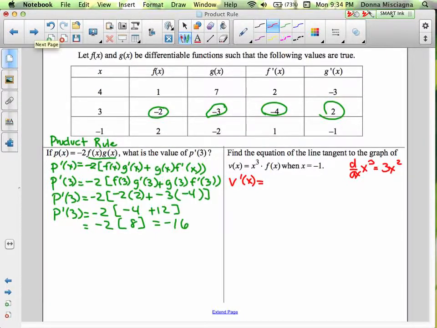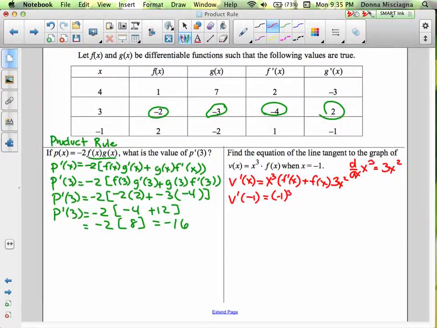All right, so v prime of x is going to be the first, x cubed, times the derivative of the second, so f prime of x, and then plus the second, f of x, times the derivative of the first, so times 3x squared.